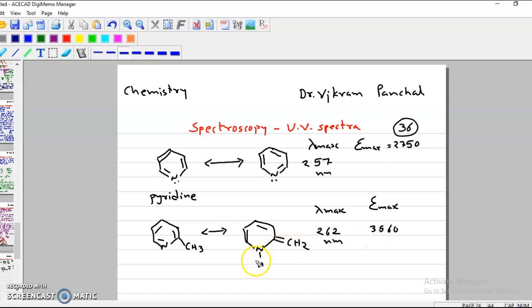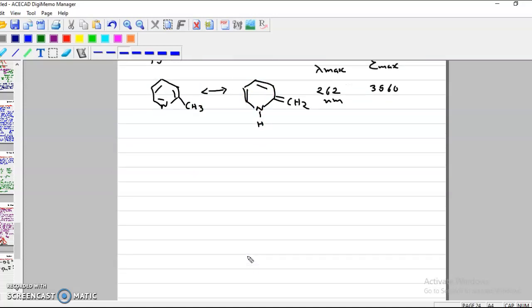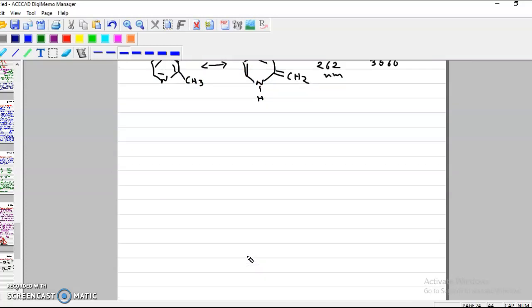So this way you will find change in absorption as well as height of the absorption. So these two examples show the hyperchromic shift.